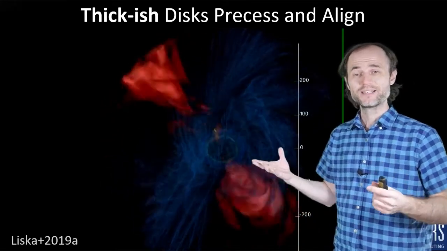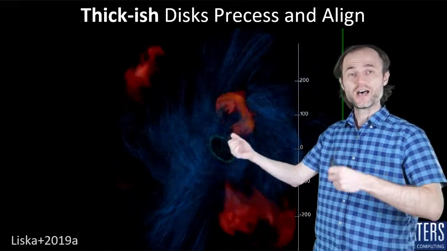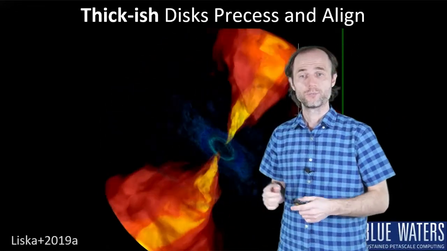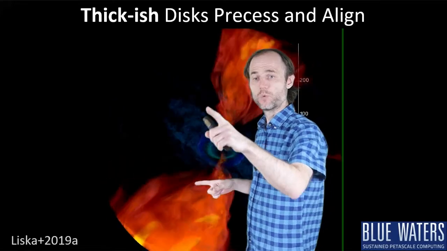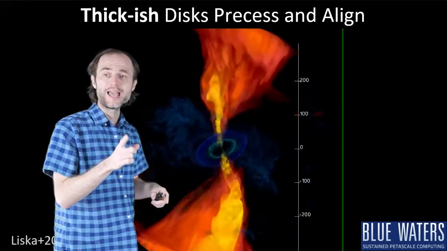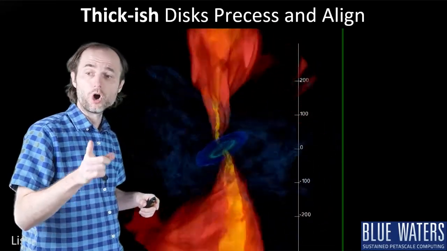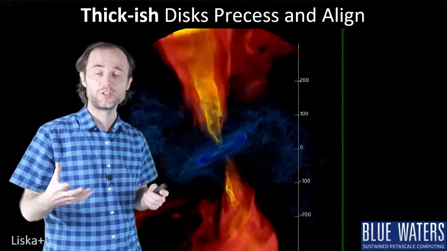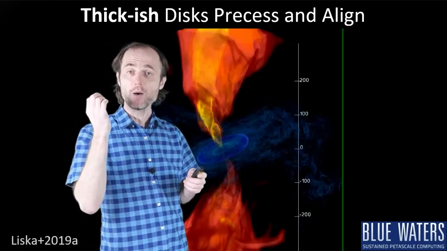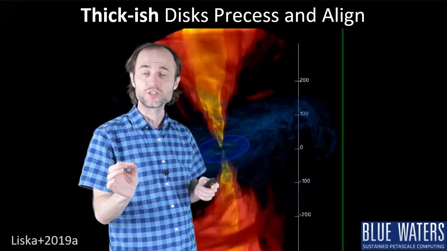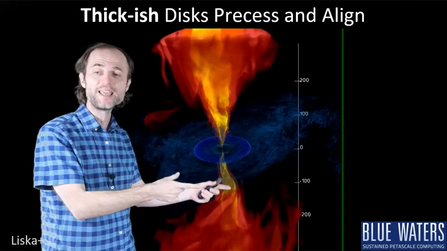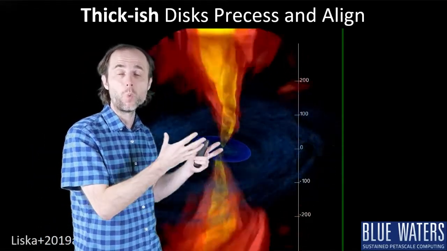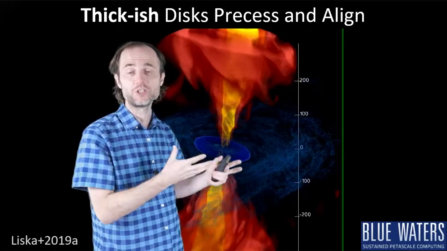As expected in this case of a thickish disk, the accretion disk is undergoing precession around the black hole, and the jets, which is spectacular, are not only happily produced, but they also are going around together with the disk and precessing as well, which means that by looking at the jets at large distances, it is possible to infer the behavior of the accretion flow at really small radii where strong field gravity dominates.